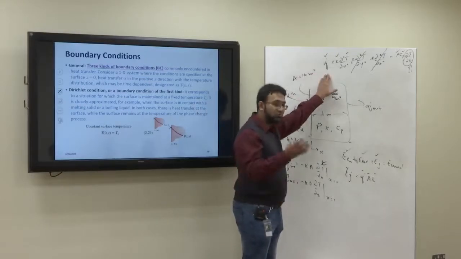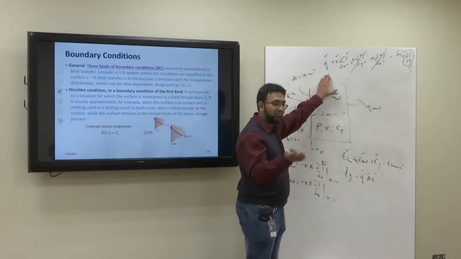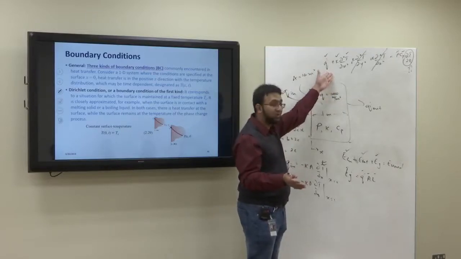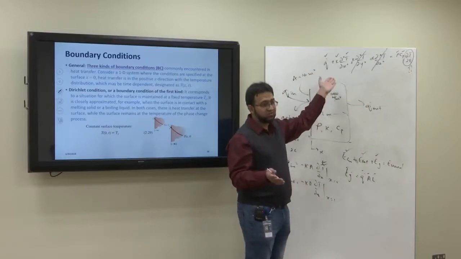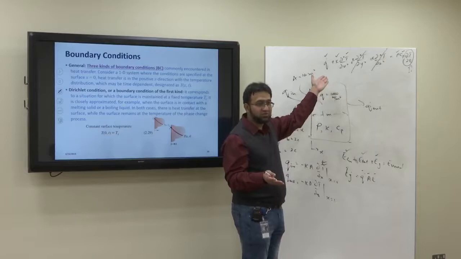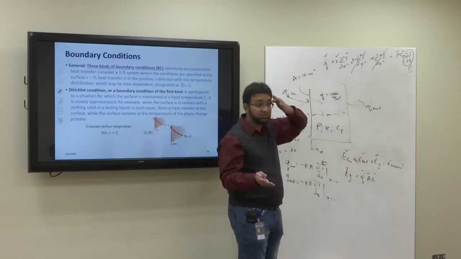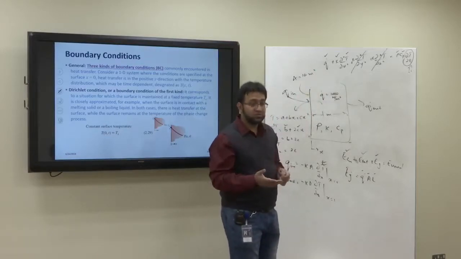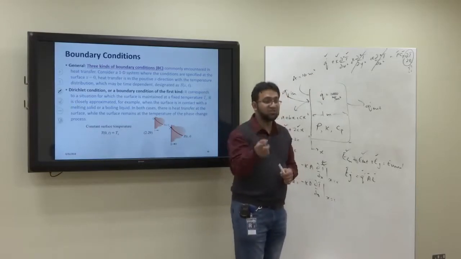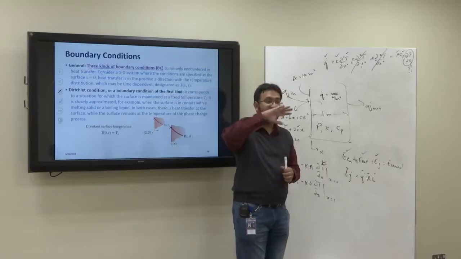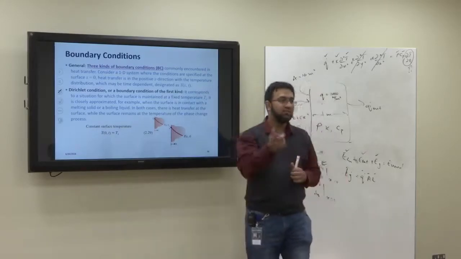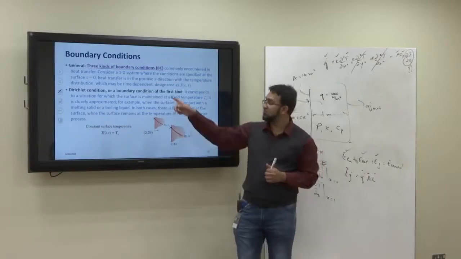In order to solve these kinds of problems, you need boundary conditions. Without boundary conditions, you cannot solve a second or third degree differential equation. So what kind of boundary condition is provided to you? If at any point or at any surface the temperature is known, then that is the Dirichlet condition.